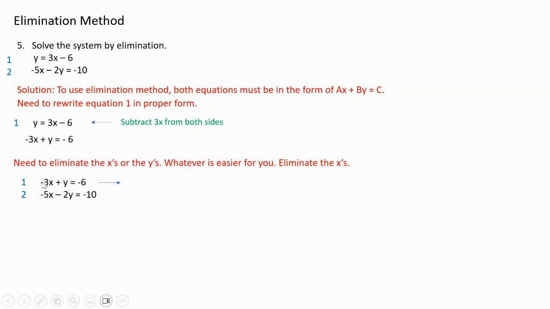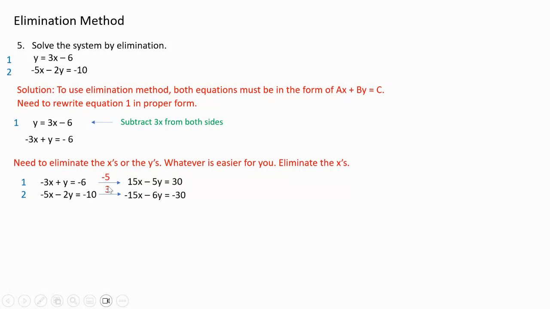So equation 1, I'm going to multiply by negative 5, because negative 5 times negative 3 will give us a positive 15x. And then equation 2, I'm going to multiply by 3, because it's going to give me a negative 15x. You see, this will eliminate the x. If you notice, this one required an extra step, because in the previous one, I only multiplied the first equation by 2.